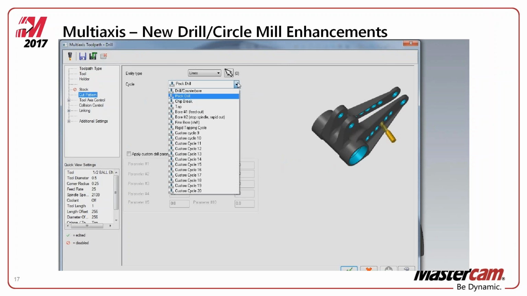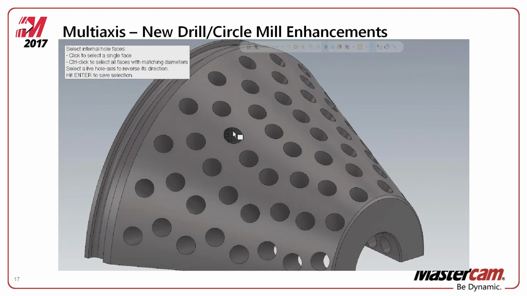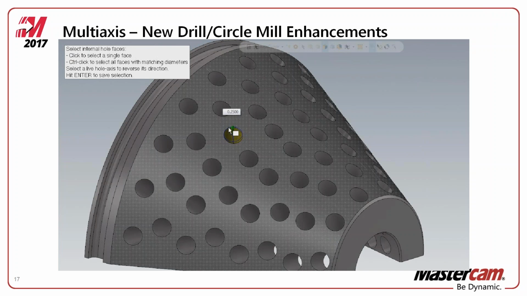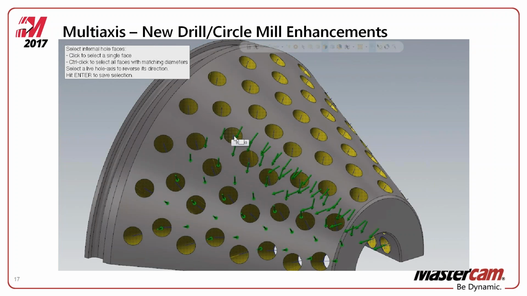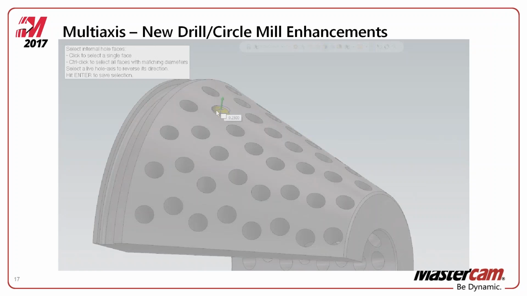Of course, beforehand we had the options for lines, points and lines, points, things like that. But now we are able to add in what we call features. So if you have a solid model, like you can see on the screen, instead of creating a hole axis first, we can go ahead and pick those on the fly, again saving time.